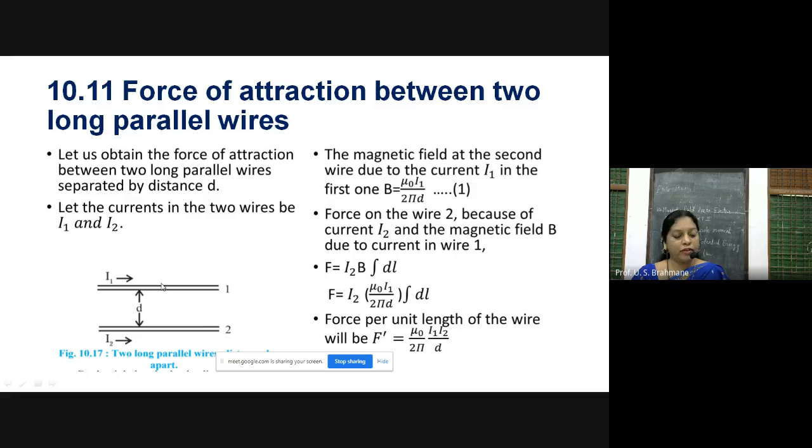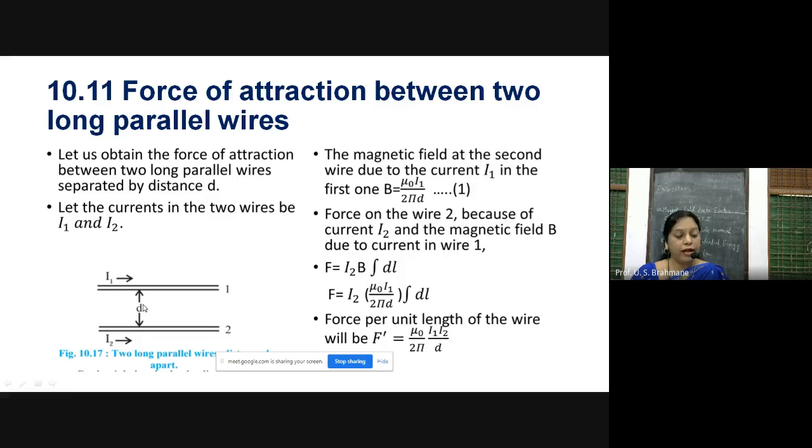Because of wire 1, there is a force exerted on wire 2, and because of wire 2, there is a force exerted on wire 1. So remember that it depends upon the direction of the currents. If they are in the same direction, then there is a force of attraction, and if they are in opposite directions, there is a force of repulsion.